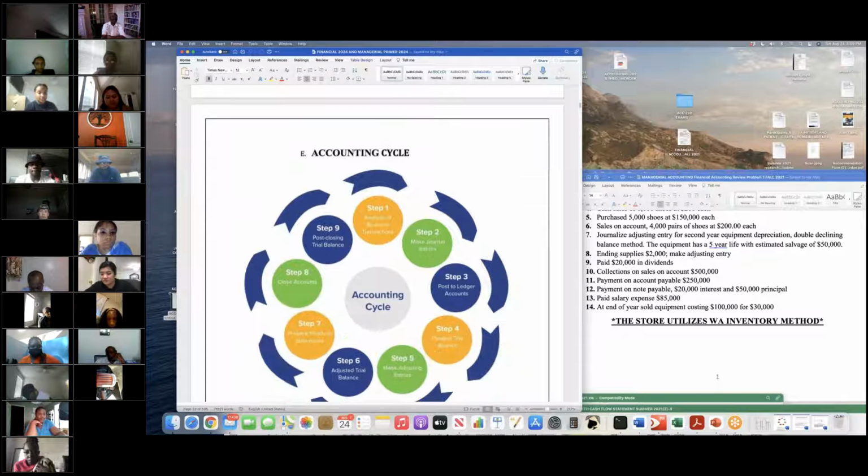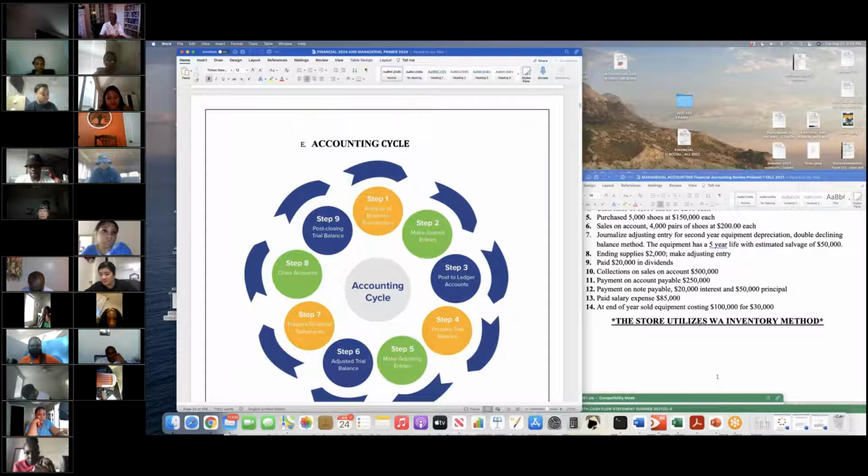Okay, yeah. But what happened, we're going to layer managerial accounting on top of this, so that's why we review it. This is the accounting cycle that you're working on in that review problem. You analyze each transaction, you make the journal entry, you post it to the ledger, you prepare the trial balance, you make adjusting entries, and a lot of times we just make these entries and then just do the trial balance at this stage.